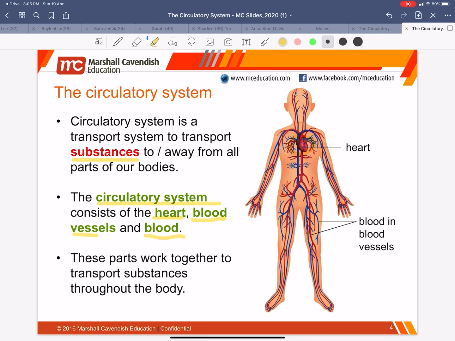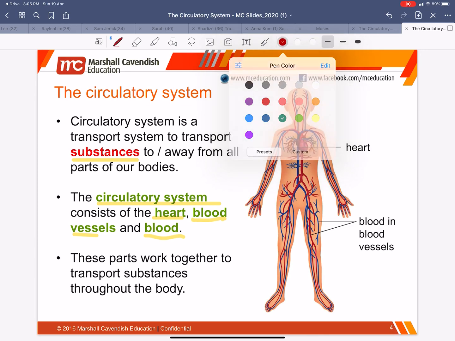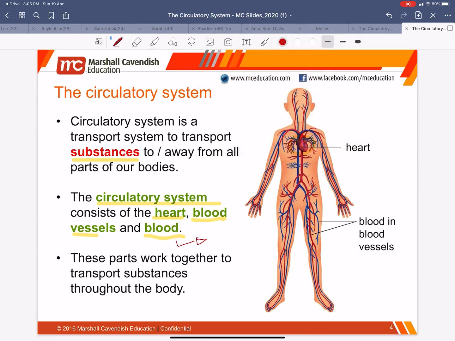Now, I like to think of blood as something. Now, blood is not just a pure component on its own. Blood is actually made of many substances. Okay, so you can think of it like when you make Milo. When you make Milo, you need to have your Milo powder, water.